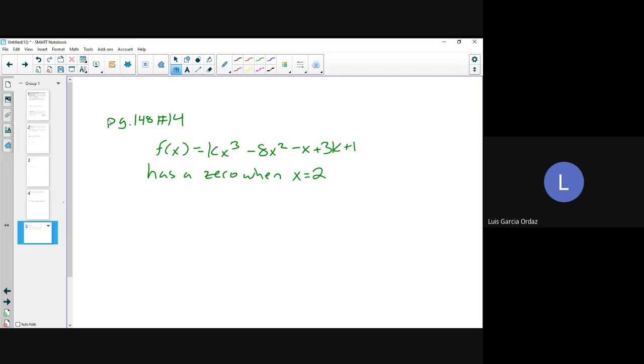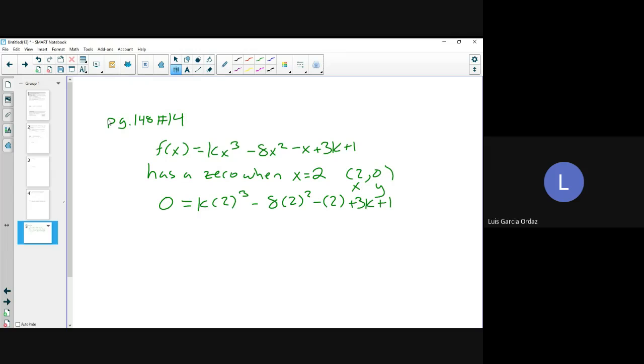So remember that the function has a 0 when x is equal to 2, like 2 and 0. Okay, so our point is going to be (2, 0). So we're going to sub in 2 for x and 0 for y. We have 0 is equal to k times 2 cubed minus 8 times 2 squared minus 2 plus 3k plus 1.